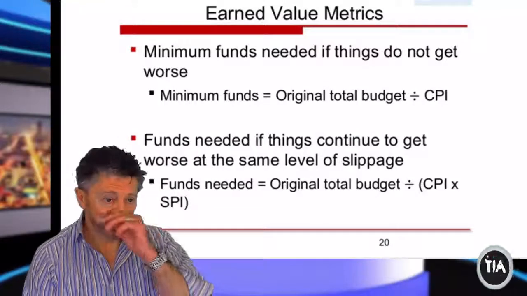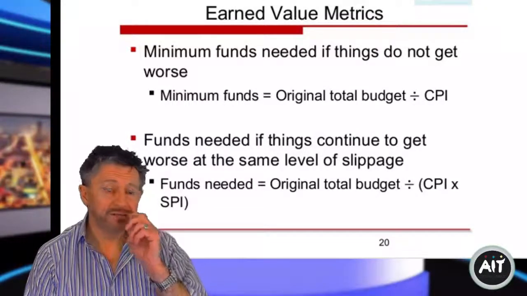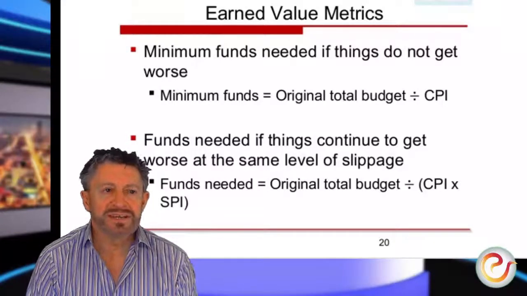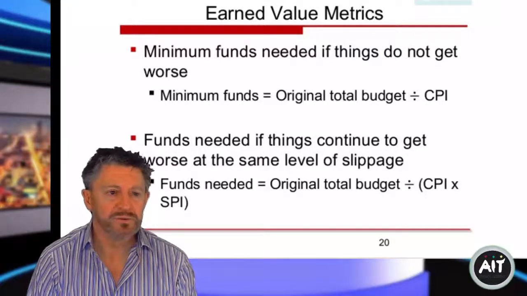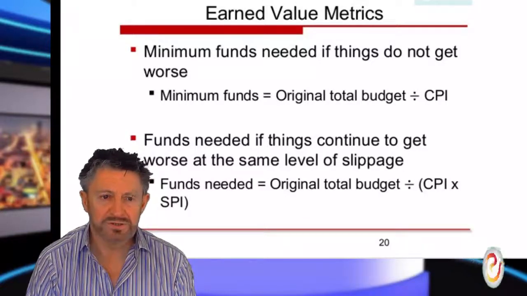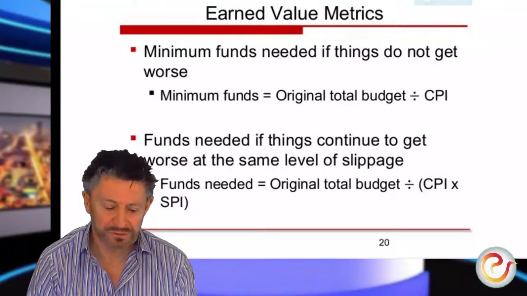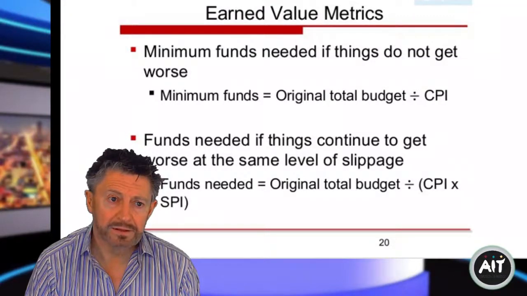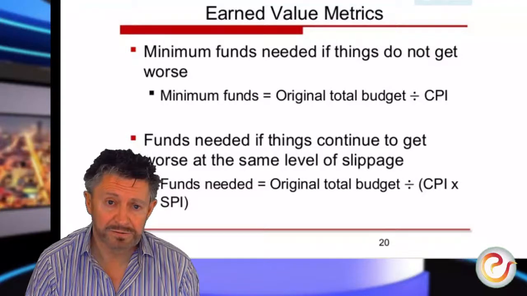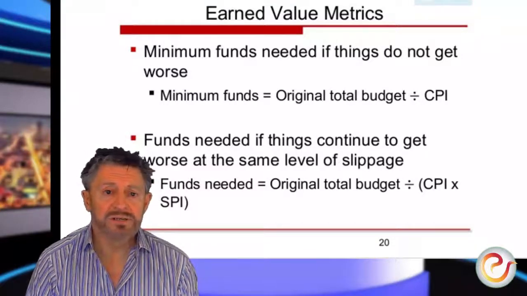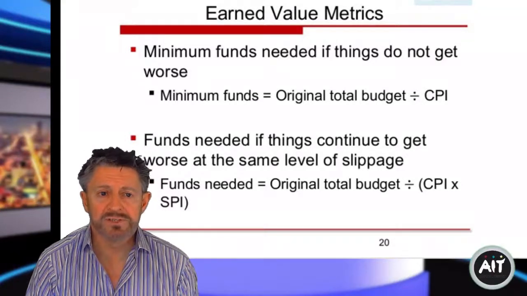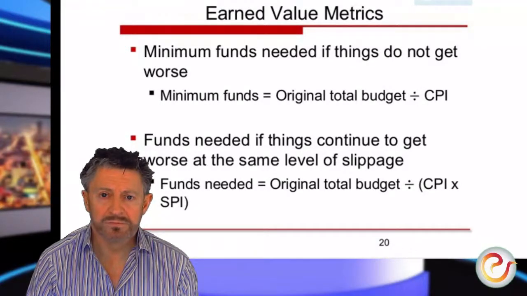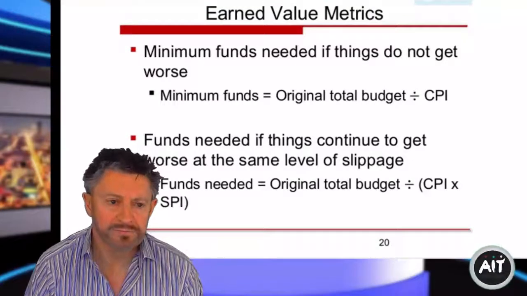So, what do we do with that? Earned value metrics. So minimum funds needed, if anything, to not get worse. So minimum funds equals the original total budget divided by the cost performance index. So if your original budget was 150,000, and let's just say your cost performance index comes in at less than 1, 0.95.